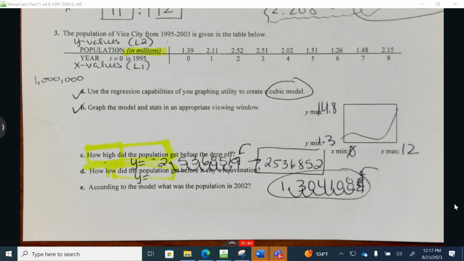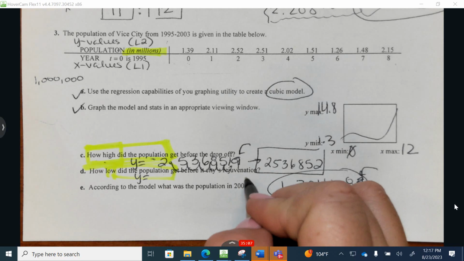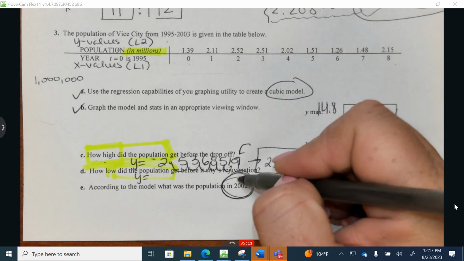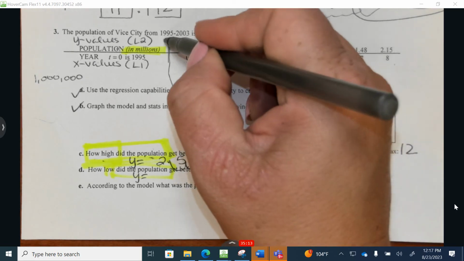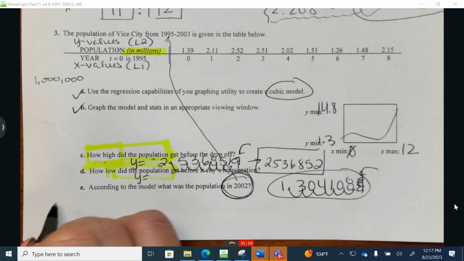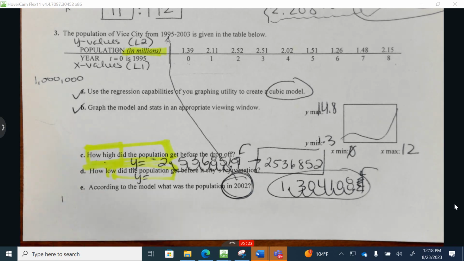Lastly, according to the model, what was the population in 2002? Well, the first thing we need to do is ask ourselves, 1995 was 0, then 96 was 1, 97 is 2, 98, 99, and the year 2000 was a 5.